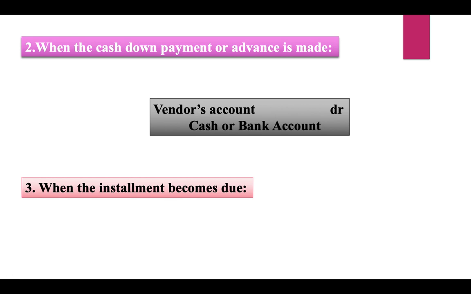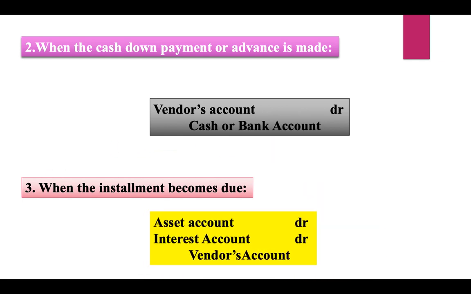On that cash balance interest has to be paid, and hence the interest account will be affected. So the effect is that the asset account will get debited with the principal amount, the interest account will get debited with the interest amount, and the vendors account will get credited with the total amount of the installment.